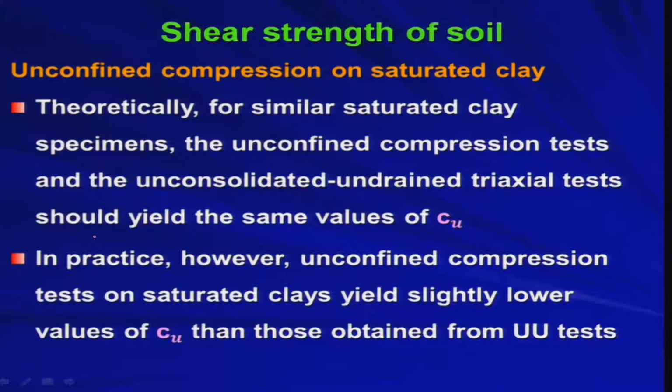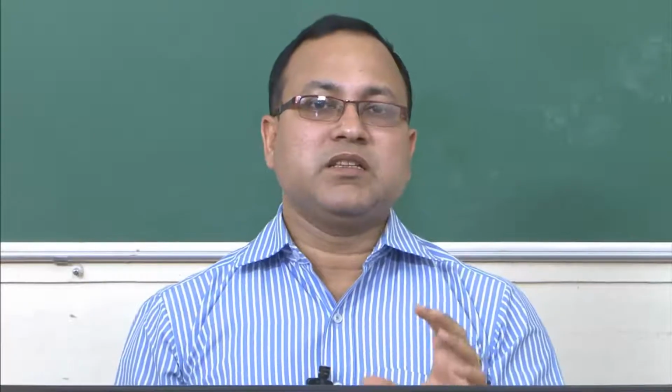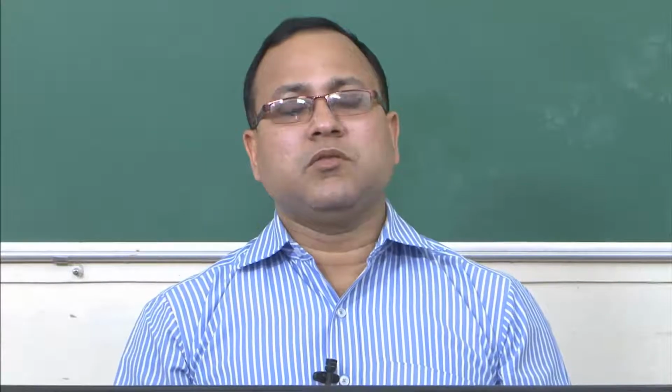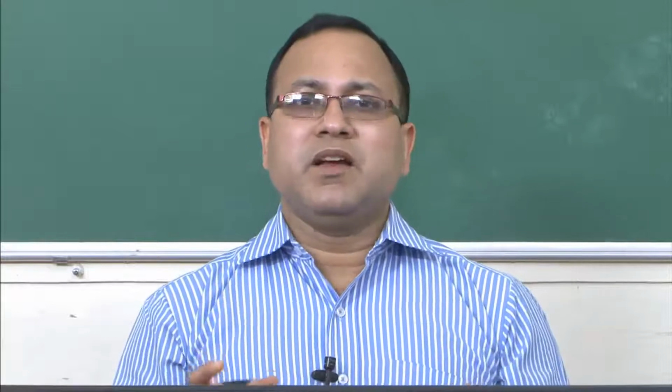Do you agree with this or not? Because for similar saturated clay specimens, we already know that the UU test is not dependent on the confining pressure. Now, if it is not dependent on the confining pressure, then no matter whatever confining pressure you consider, you will get the same strength, right.